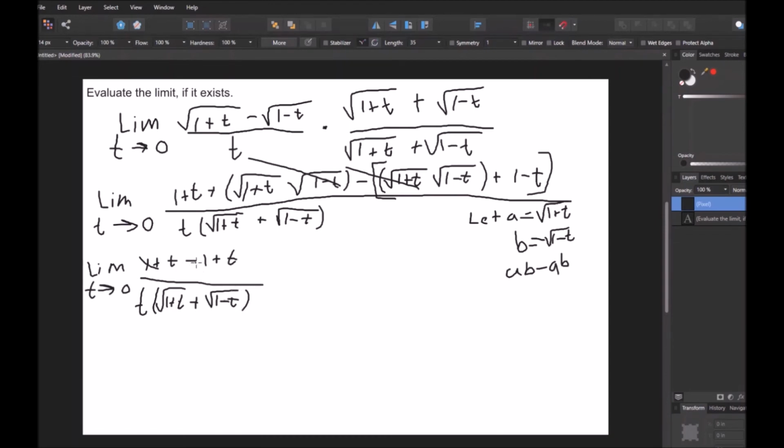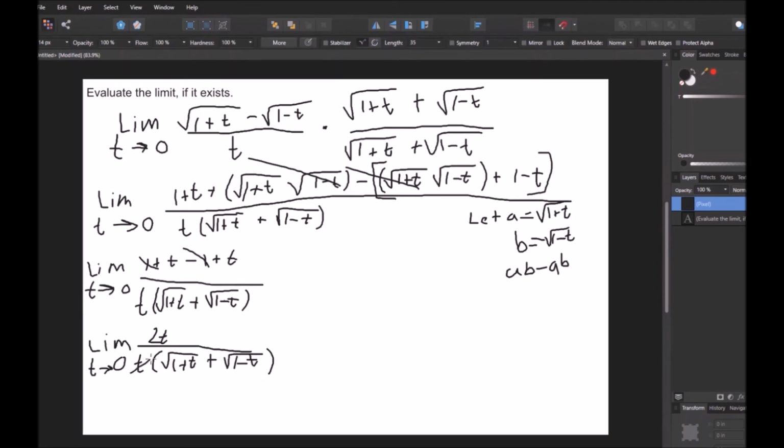So this 1 and negative 1 are going to cancel out, and this t and t are going to add together to give me 2t, giving me 2t over t times the square root of 1 plus t plus the square root of 1 minus t.